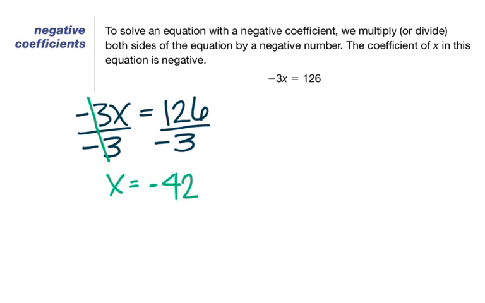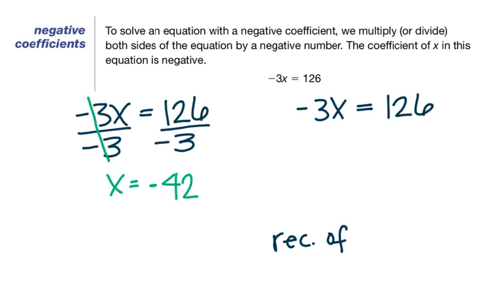Now I want you to look at this in a whole different way. I'll set up the problem again. Negative 3x equals 126. Now think about this as a coefficient, negative 3, and multiplying by its reciprocal. Well, what is the reciprocal of negative 3?